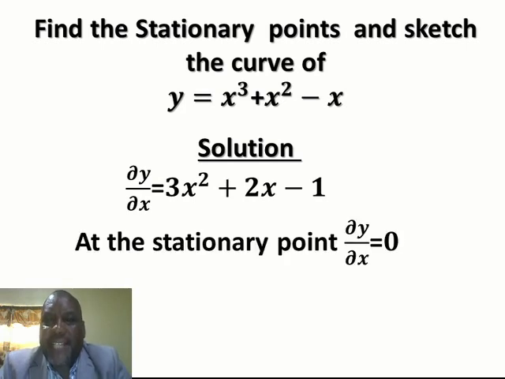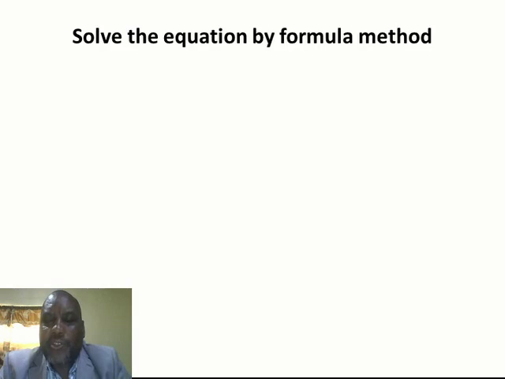As we discussed, at a stationary point, the gradient function, or the dy/dx, always equals 0. Hence, you equate the gradient function you got, 3x squared plus 2x minus 1, to 0.